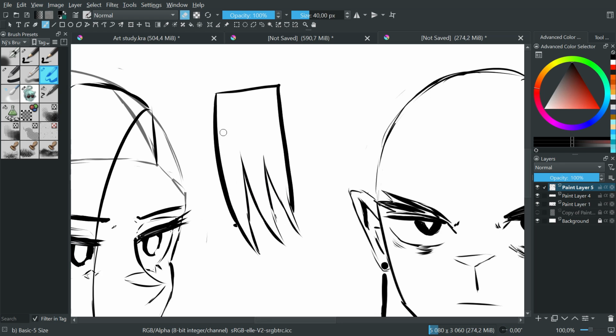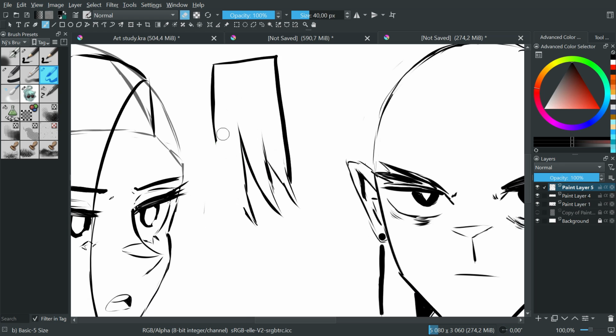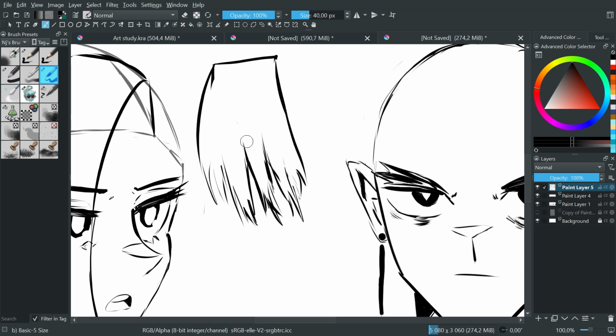It looks a bit better, but now it looks too perfect, which is incorrect. So this is where we do this, and then we stylize it a bit. Now we add more of these triangles, and eventually it would look like hair. Well, that's what we hope it would look like.